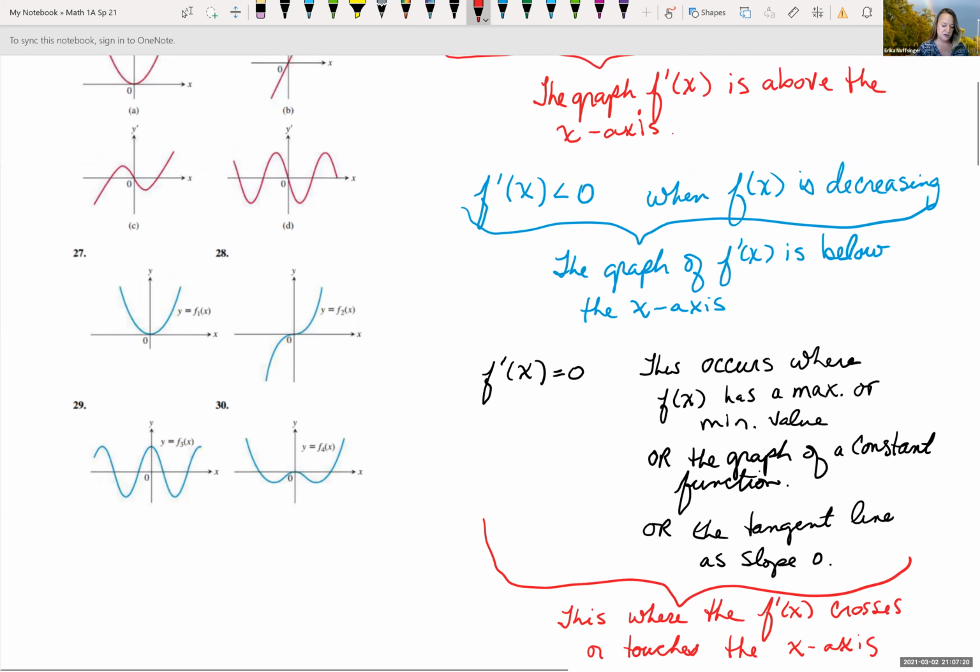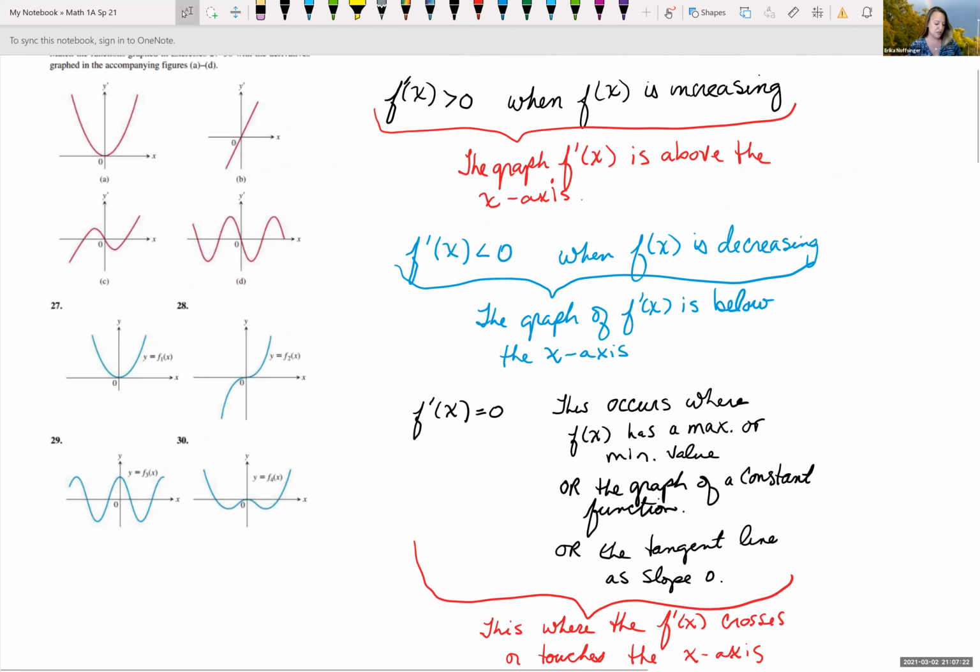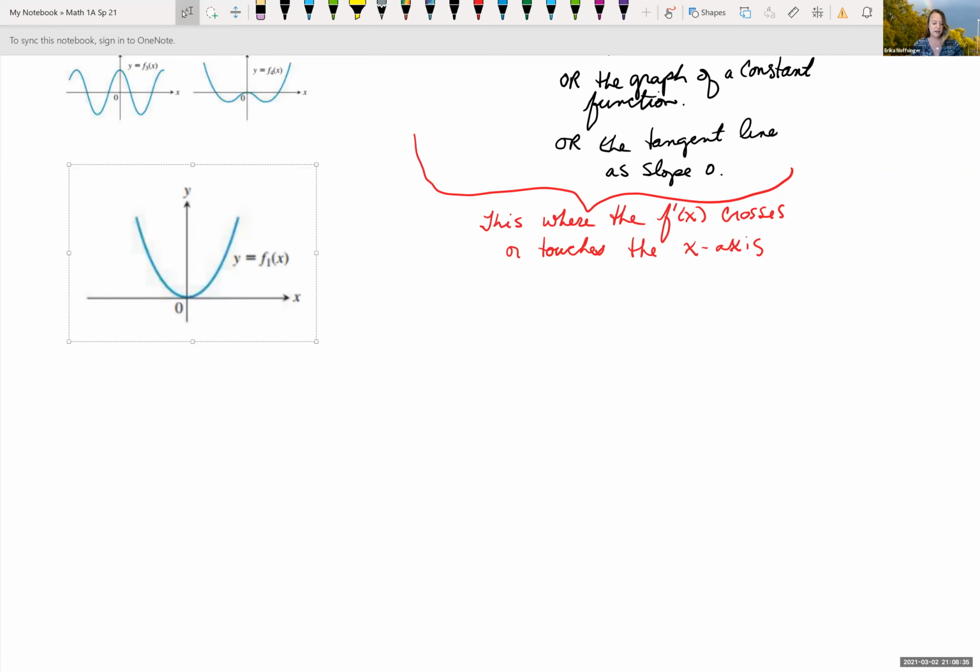So what I would do is look at my first function, 27, which looks like a parabola facing upwards where the vertex is at the origin. And I would look at first, where is this graph increasing and where is this graph decreasing? I just snipped the f of x here, and it's a parabola again.